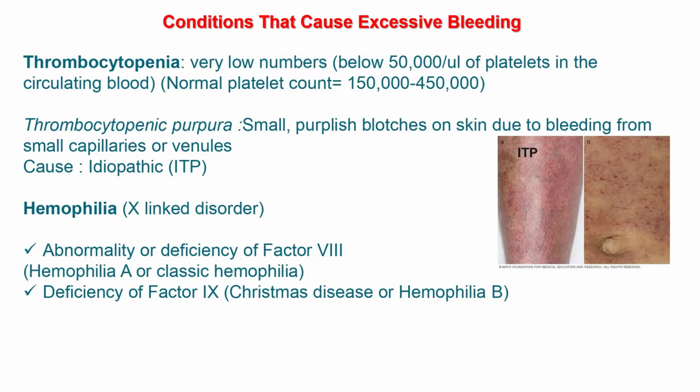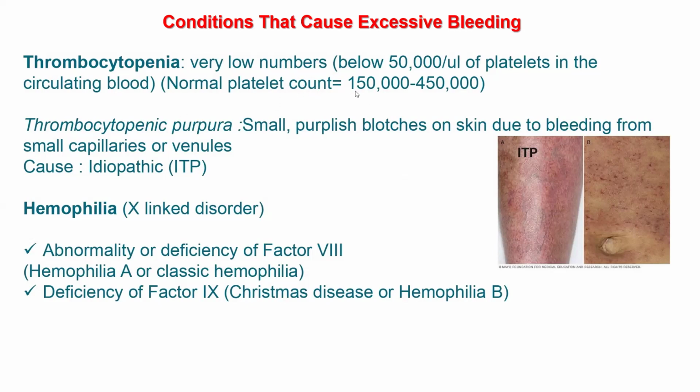Some people have problems related to coagulation factors, and this will result in deep bleeding, like hemarthrosis, bleeding inside the joints.